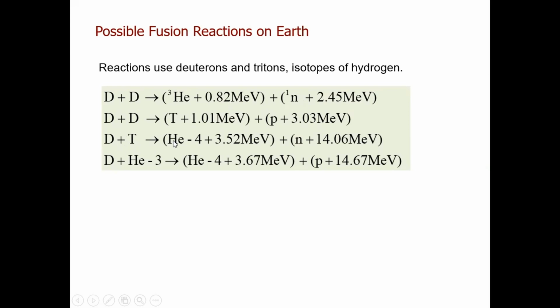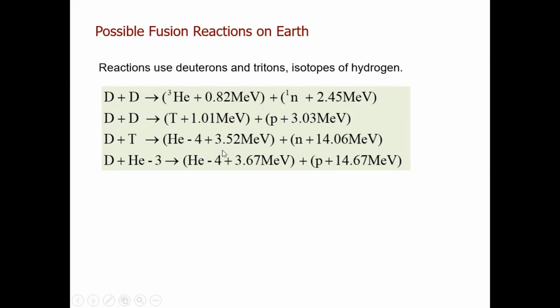The DT reaction is where helium-4 and a neutron are produced, and deuterium and helium-3 produce helium-4 and a proton. These reactions are of higher energy, with the neutrons carrying 14 million electron volts and 3.5 going to the helium.